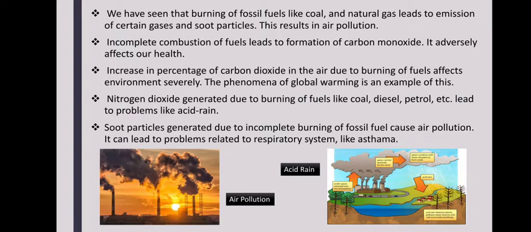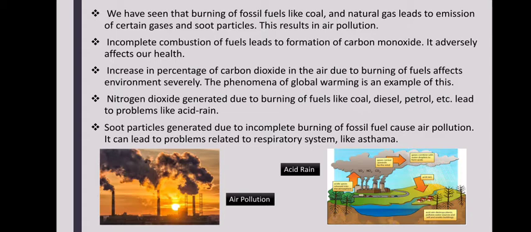The phenomenon of global warming is an example of this particular phenomenon, right? So nitrogen dioxide generated due to burning of fuels like coal, diesel, petrol leads to problems like acid rain. Soot particles generated due to incomplete burning of fossil fuel cause air pollution. Also, it can lead to problems related to respiratory system like asthma, right?